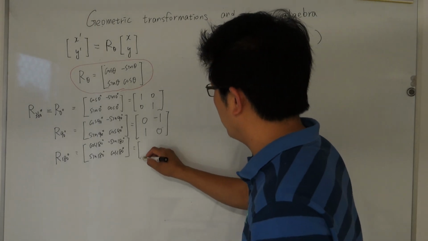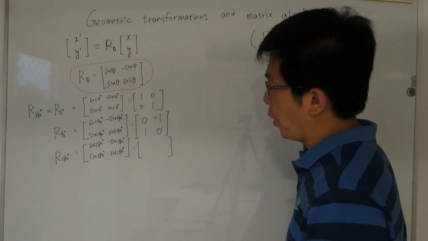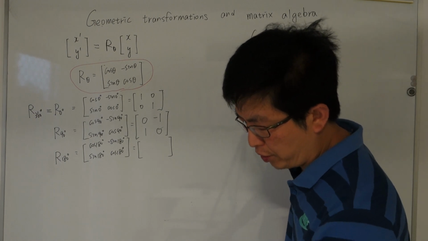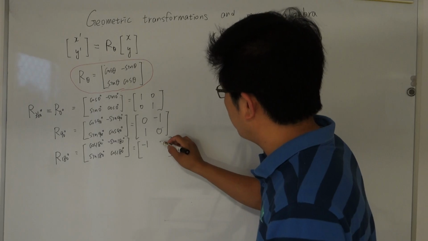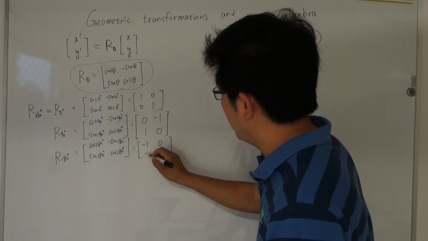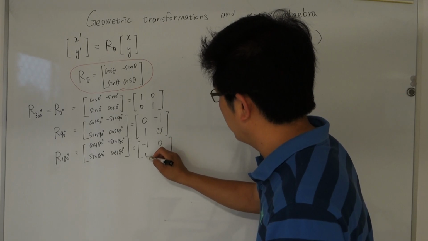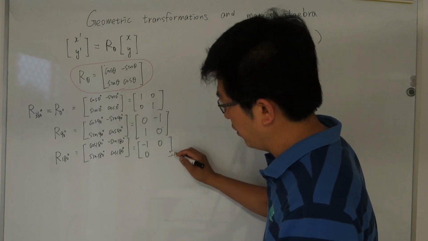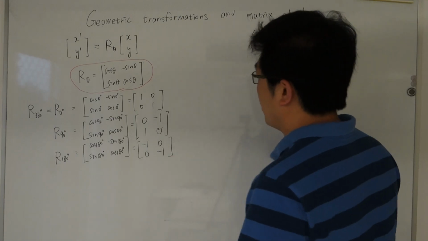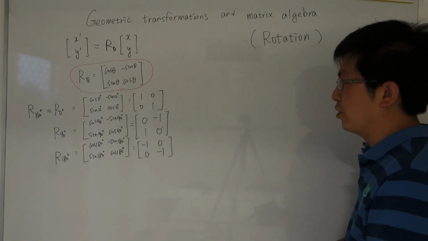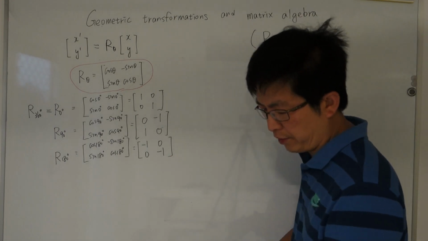So cosine 180 is how much? Negative 1. Negative sine 180 is 0, sine 180 is 0. Cosine 180 degree negative 1, right? If you forget about the unit circle, go back to the unit circle to review it, alright?